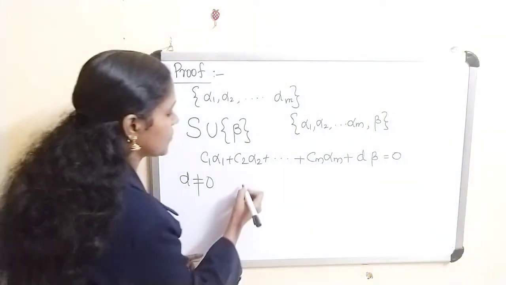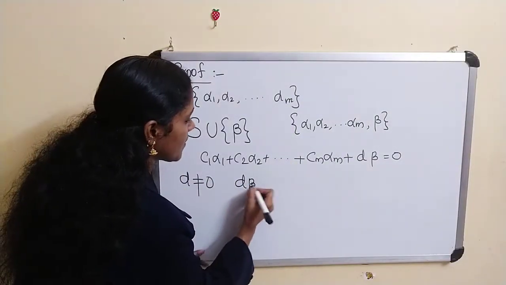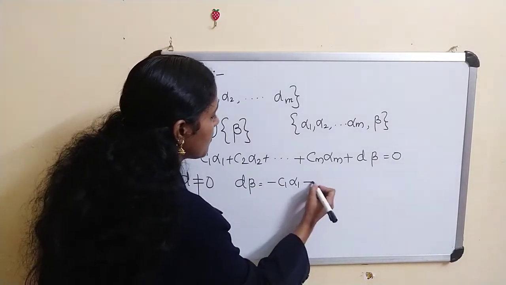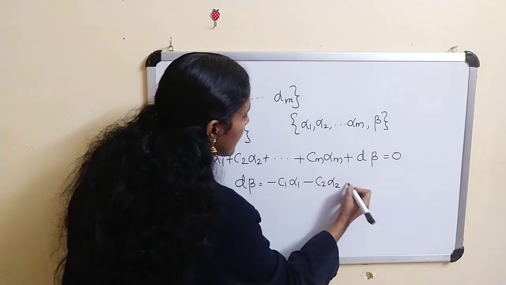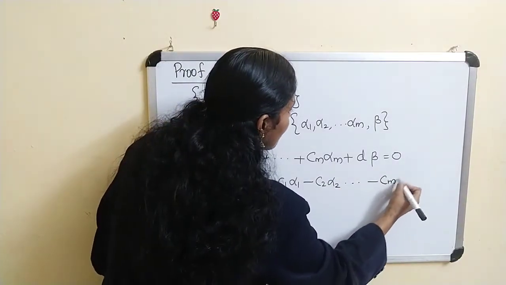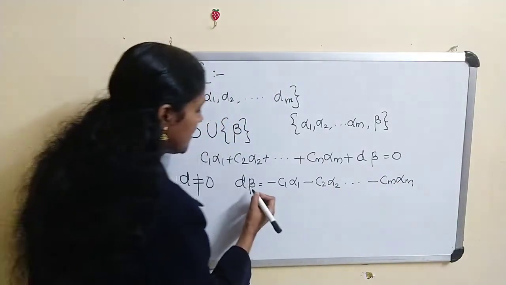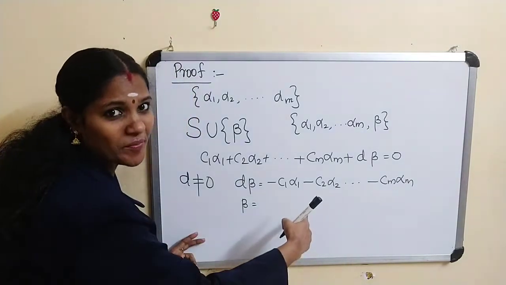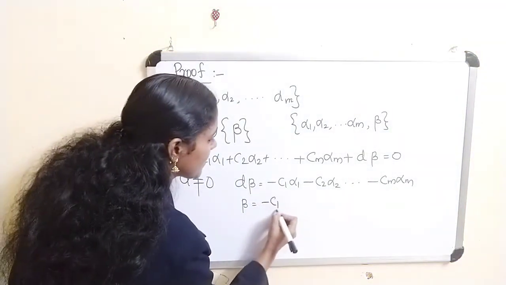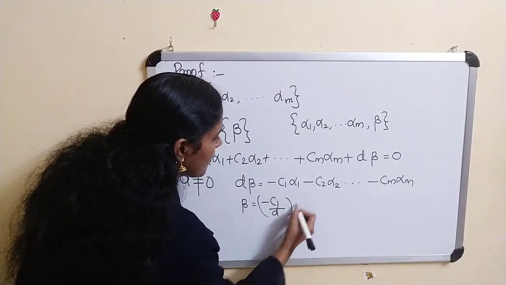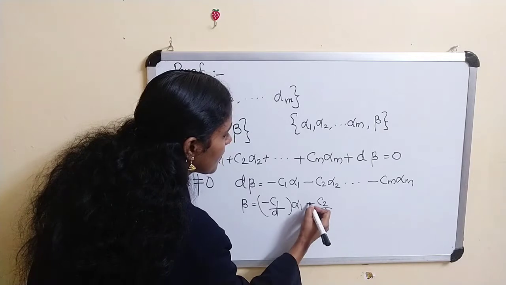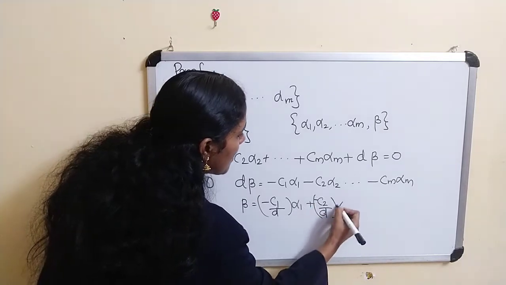Then d beta equals minus C1 alpha 1 minus C2 alpha 2, etc., minus Cm alpha m. As d is not equal to 0, we can write beta as all of this divided by d.